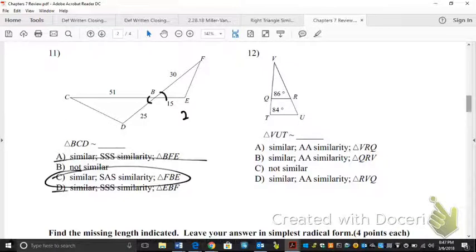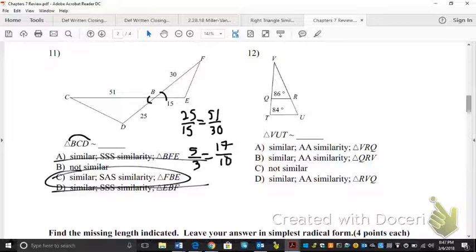We can't have side side side similarity because we have nothing relating these two sides to each other. Okay, so if we set it up, we need to go short to short, long to long, right? So we're going to set up 25 to 15 equals 51 to 30. So 5 to 3 equals 17 over 10. Not true.